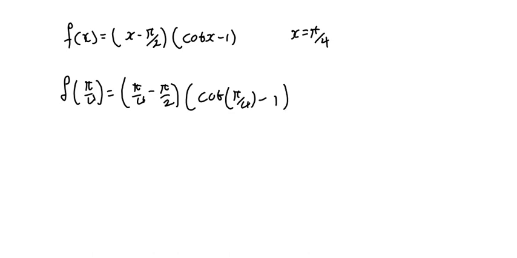Okay, so here pi over 4 minus pi over 2, you're going to end up with minus pi over 4, because the common denominator is a 4. 4 into 4 is a 1, so you have a pi here. Then minus 2 into 4, it's a 2, so you have 2 pi. So you get pi minus 2 pi, which is minus pi divided by 4. So we get minus pi divided by 4 right here.